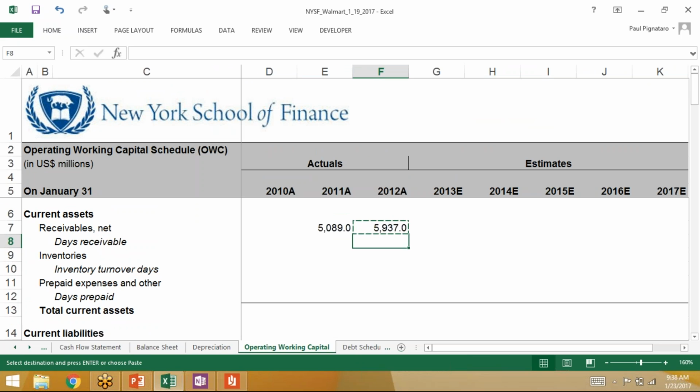So I want to take the average of the 2011-2012 receivables divided by 2012 revenue times 360.